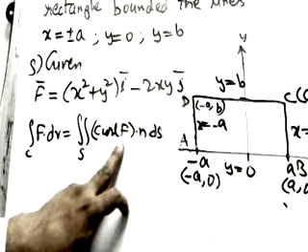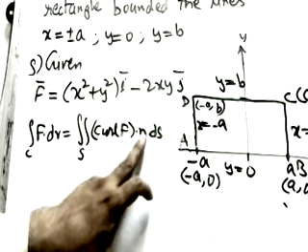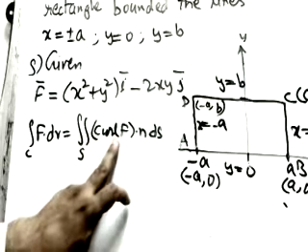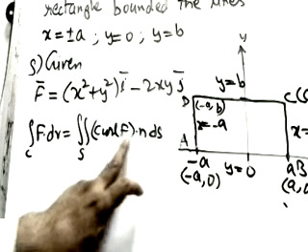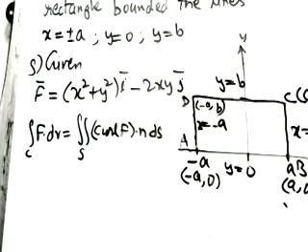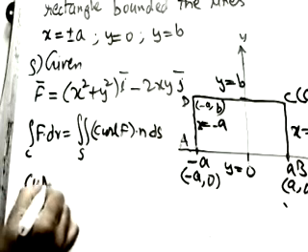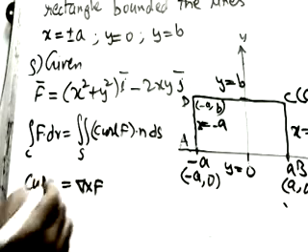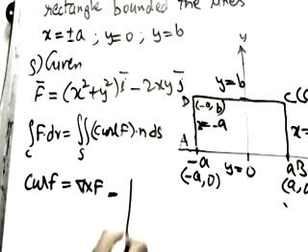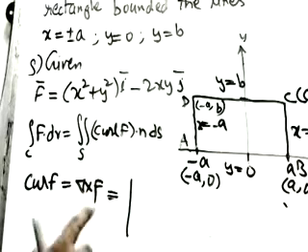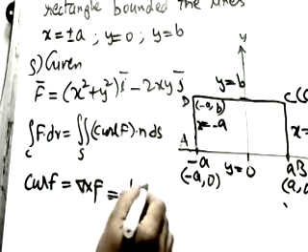For the surface integral, first we find curl F, then we find curl F dot n, then we go for the integration. So let me find curl F. We already know curl F means del cross F. We have seen this in the previous classes.